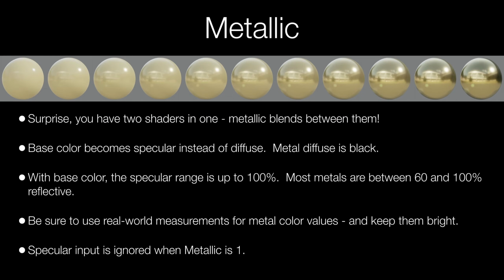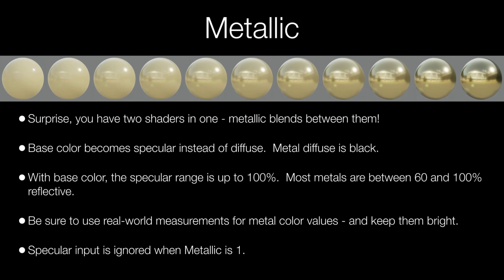And metallic is really interesting. I've been saving metallic for last because there's a little bit of a surprise associated with passing a value into the metallic socket. And that is, when you use the root node in the material editor in Unreal, it basically is a combination of two materials in one, or two shaders in one.